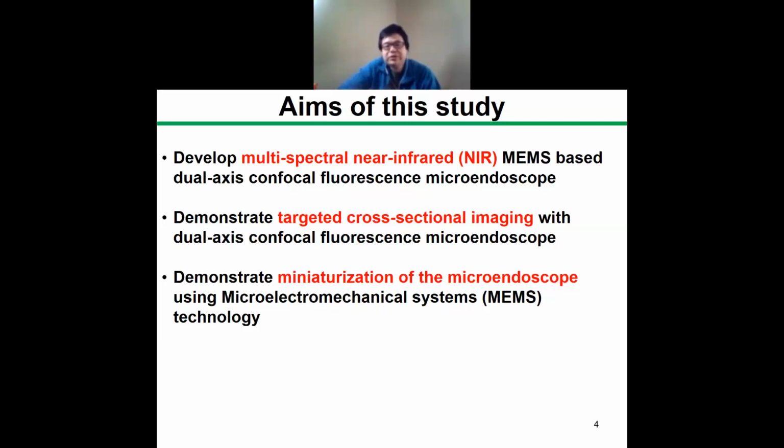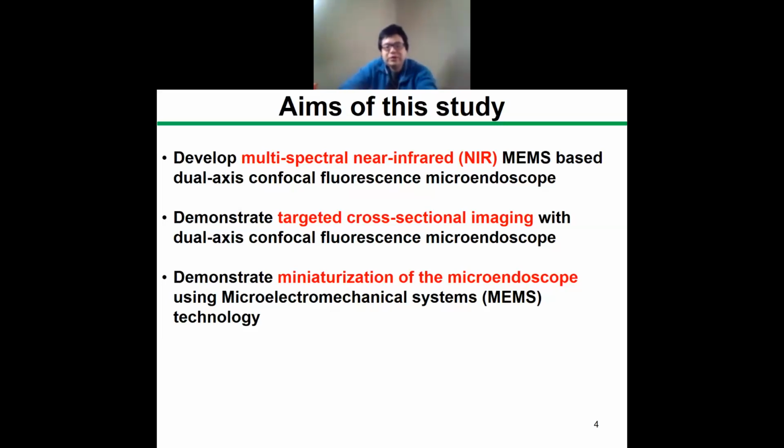In the visible range, there's another problem, autofluorescence, because nearly all tissue can be excited in the visible range, giving a fluorescence background which limits your imaging depth into the tissue. We try to develop targeted cross-sectional imaging directly into the tissue using this confocal fluorescence microscope.